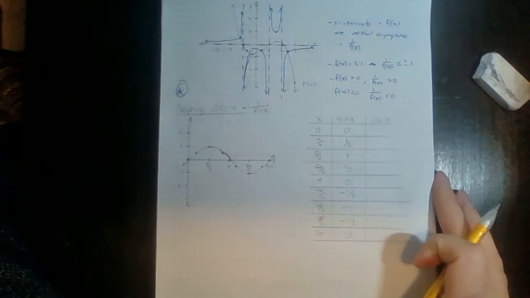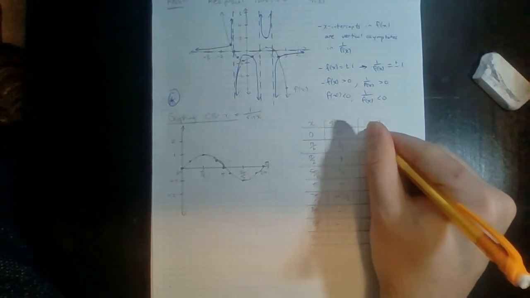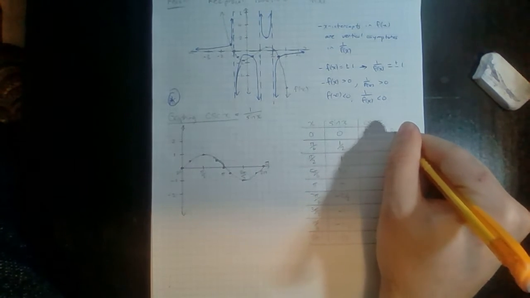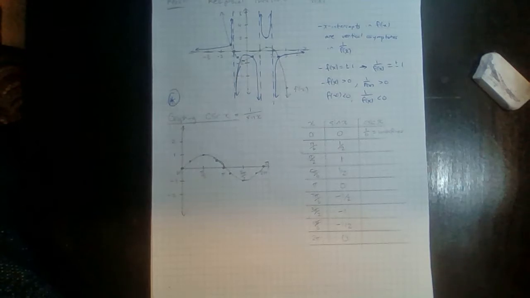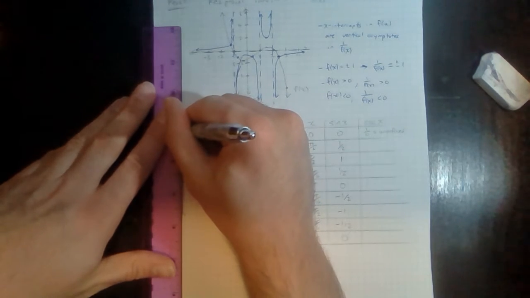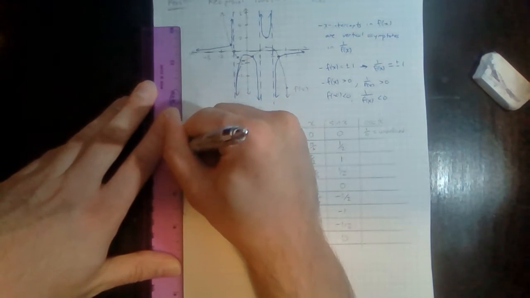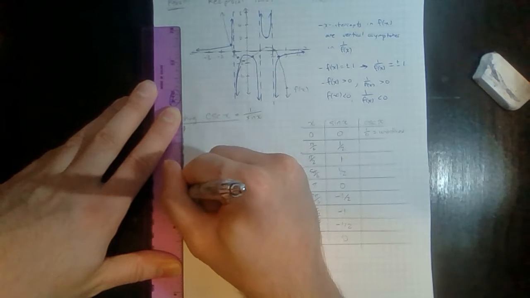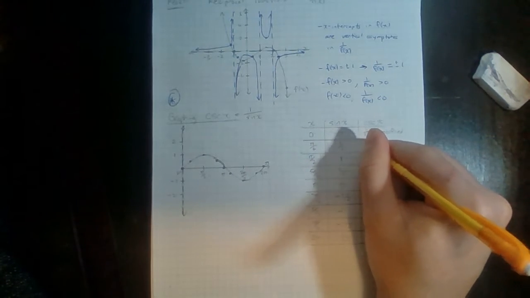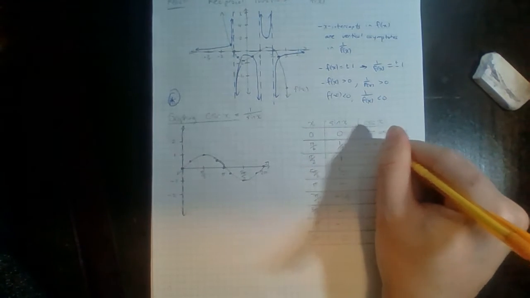Cosecant is all the inverse of these sine points. So the inverse of 0 is undefined, which means we have a vertical asymptote at x equals 0. The inverse of 1 over 2 is 2.